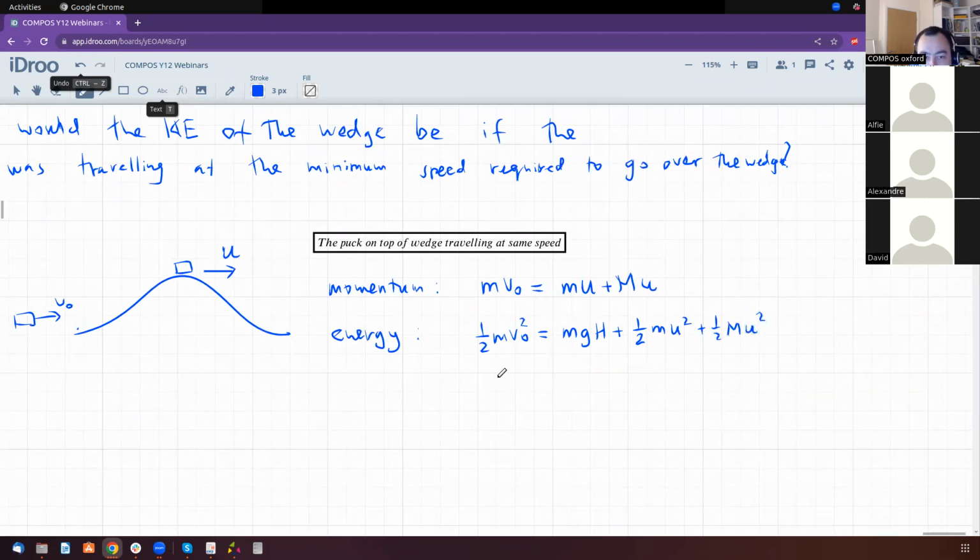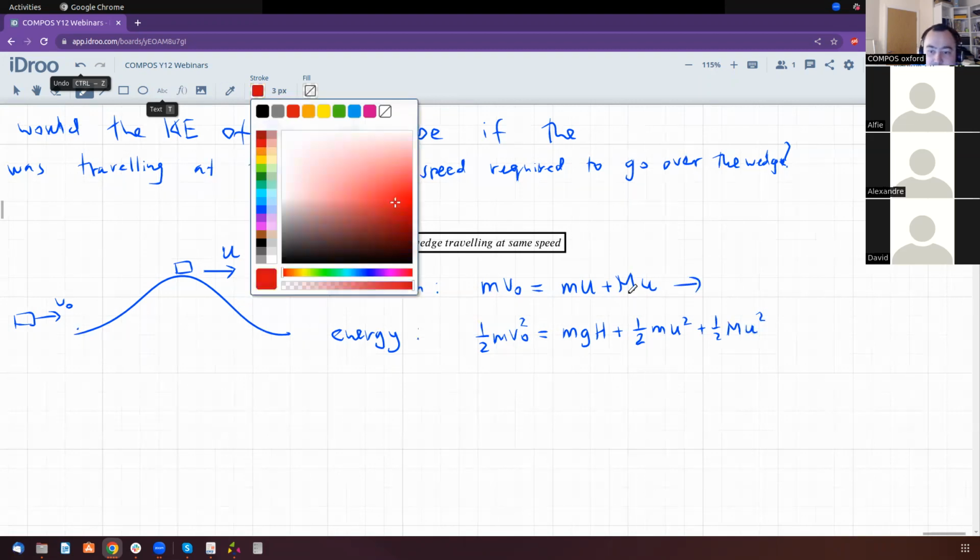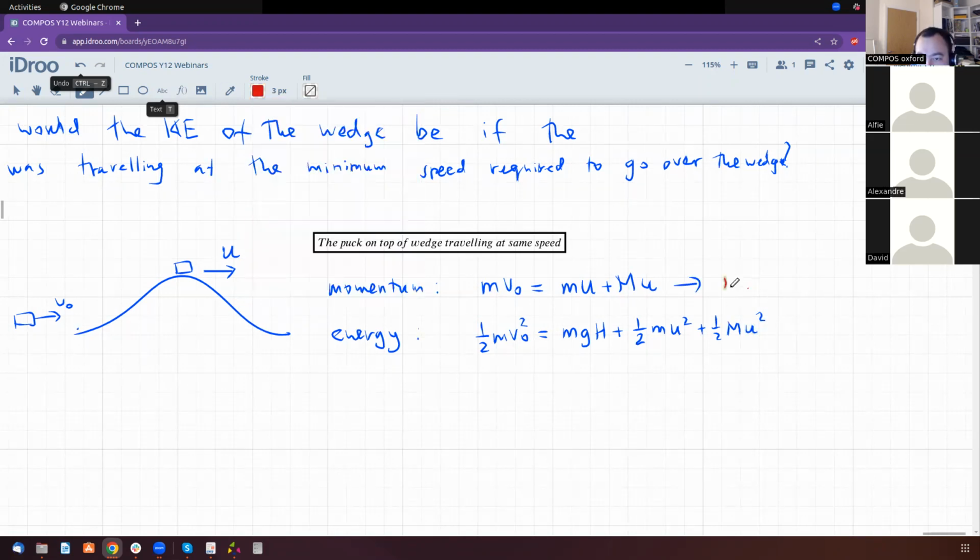Okay. What can we do here? Well, we can make u the subject from here. U is equal to m v0 divided by m plus M. Plug that into here and multiply by 2 as well.